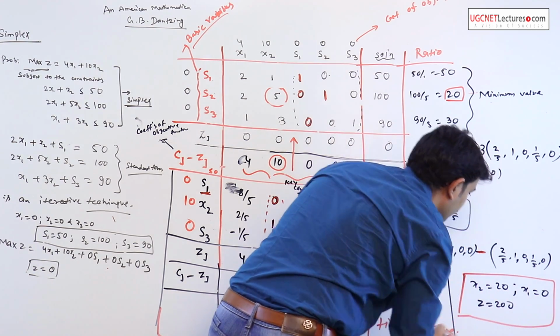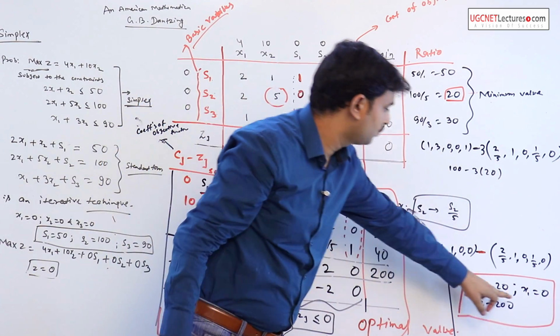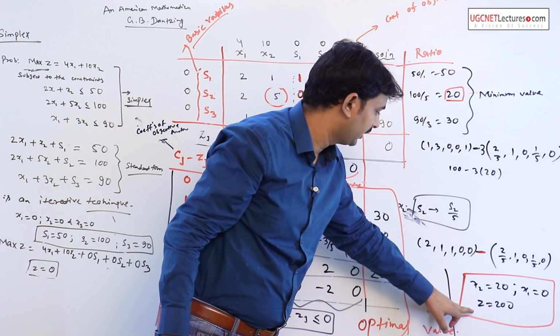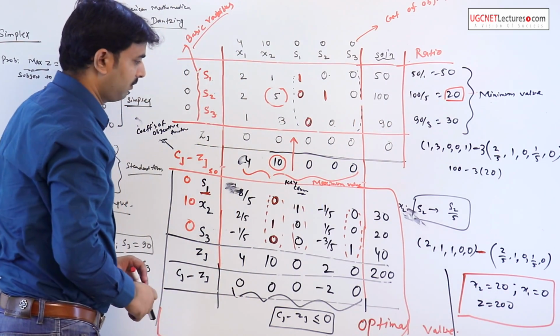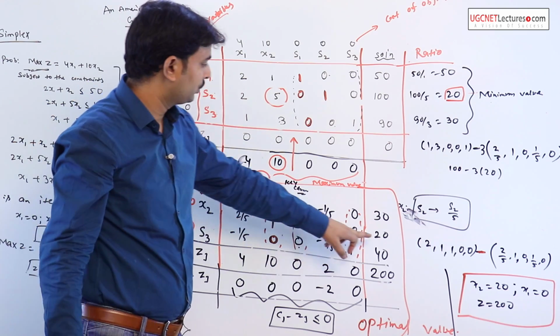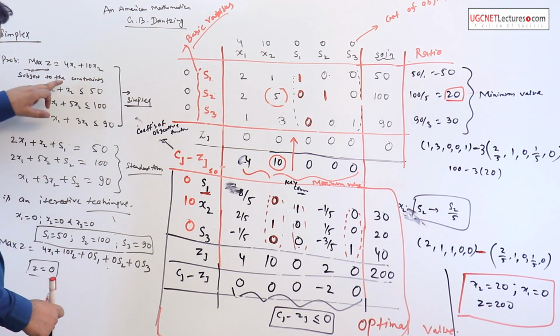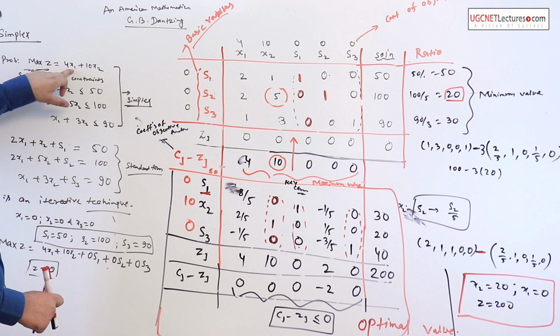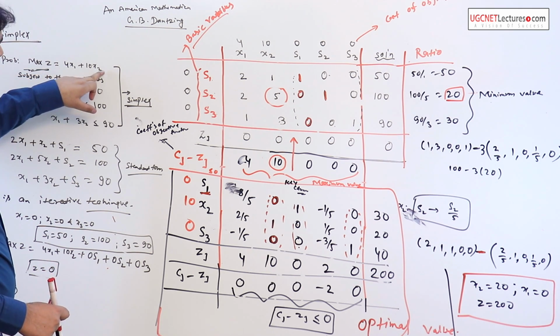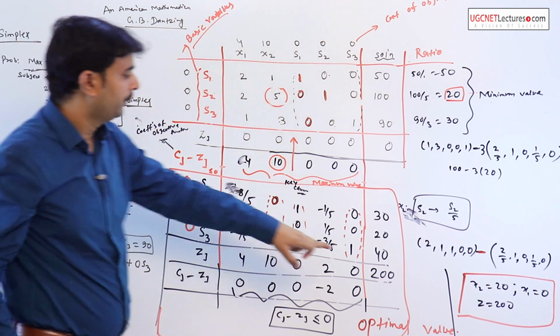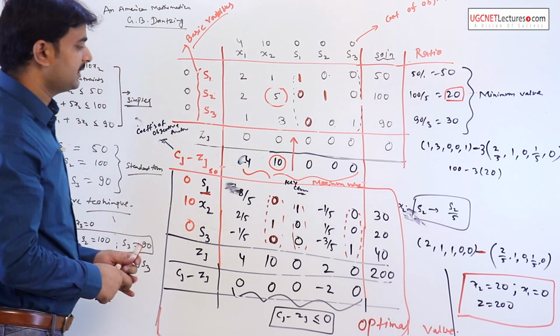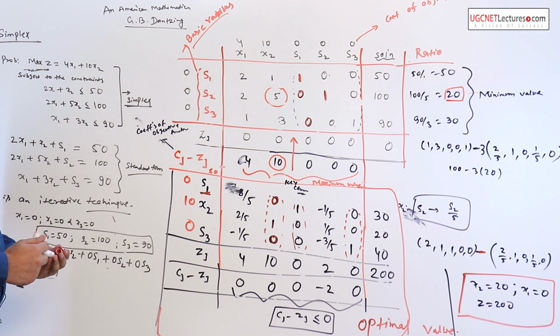So this is our solution: x1 equal to 0, x2 equal to 20 and z equal to 200. From the table x2 equal to 20 and z equal to 200, and also x1 equal to 0 and x2 equal to 20 gives z equal to 200. This is the approach for the simplex table.